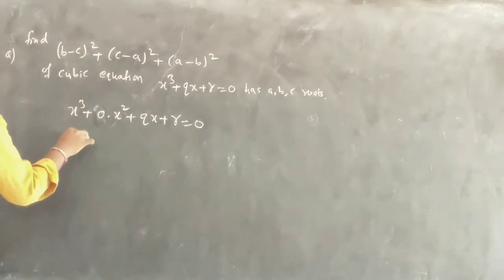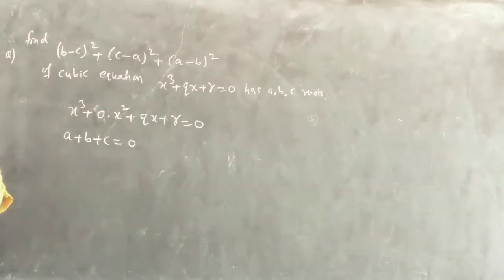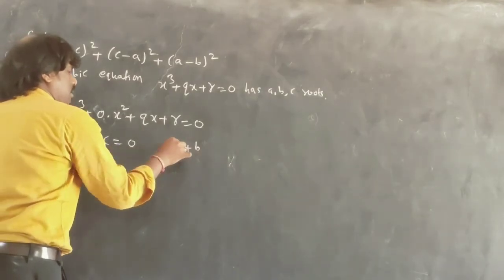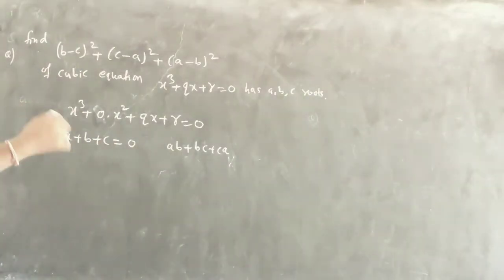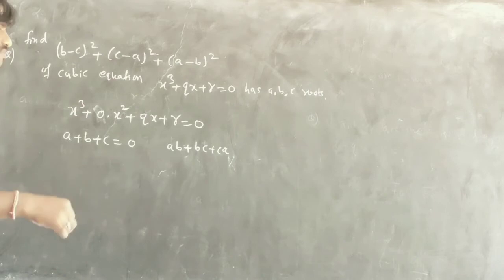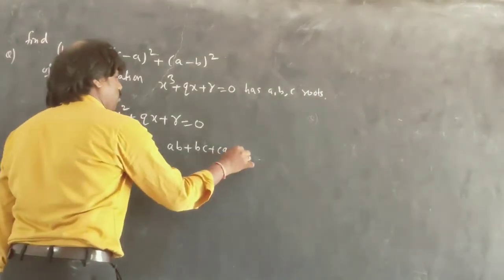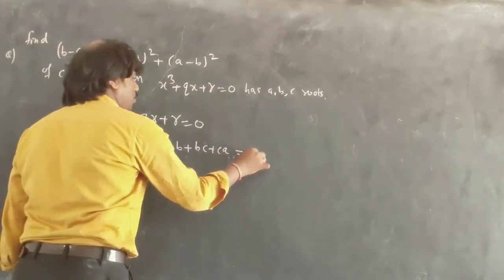The sum of the roots, that is a plus b plus c, is equal to 0 since the coefficient is 0. And the sum taken two at a time, ab plus bc plus ca, that is going to be plus q.